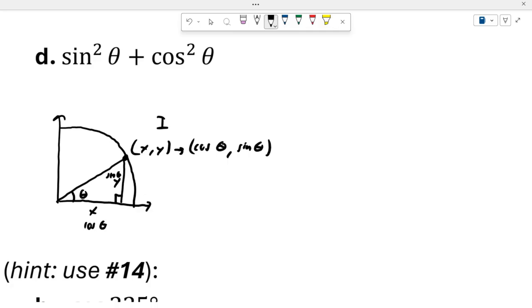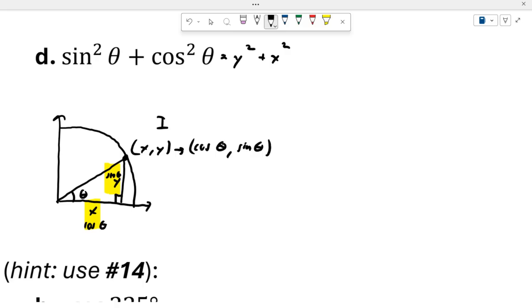Notice that if you have sine squared, well, that's sine of theta, so you're going to square that. So that's your y coordinate squared. And then down here you have x, and we're going to square cosine of theta. So then you've got plus x squared.